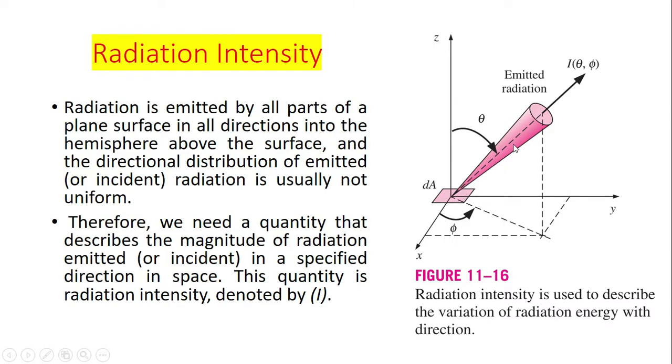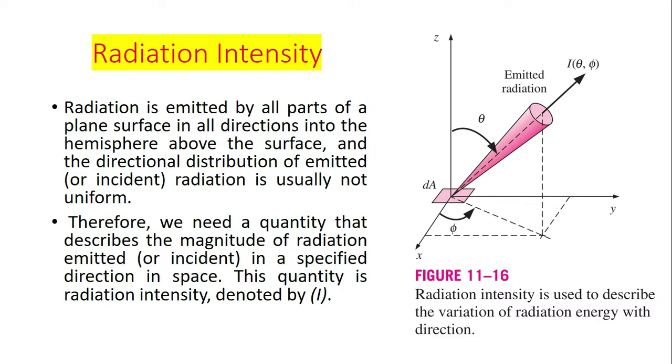This directional radiation has a shadow over here. So the angle between the x-axis and this shadow is called the azimuth angle, as you can see in this diagram. The radiation intensity is used to describe how emitted radiation varies with the zenith and the azimuth angle.